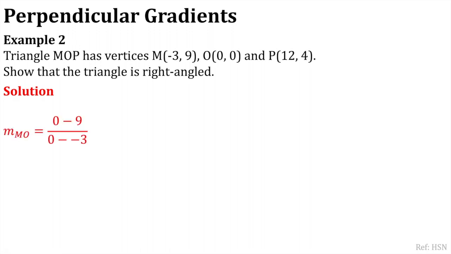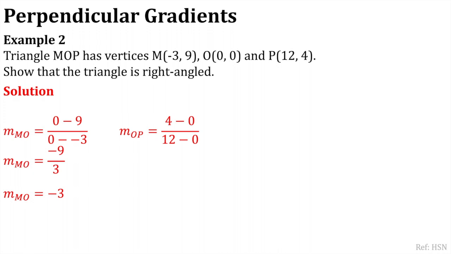Firstly, the gradient of MO is going to be the y coordinates on the numerator, remember, so 0 minus 9 all over 0 minus negative 3. That gives us negative 9/3, which simplifies to negative 3. So that's one side of the triangle, that's its gradient.